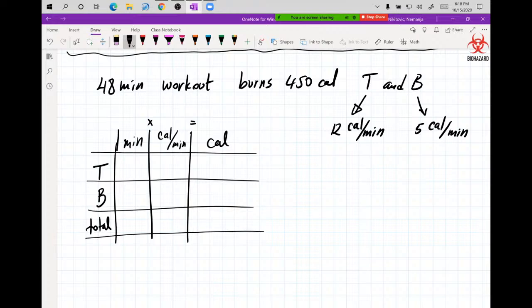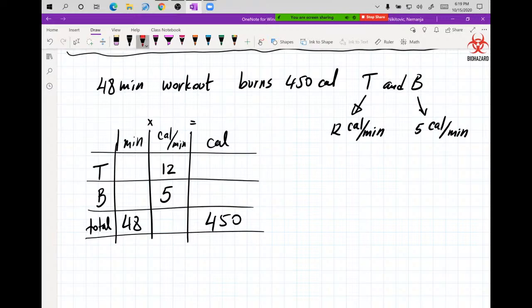And what you used to do is say the treadmill was 12 calories per minute, the bicycle is 5, total of 450 burned in 48 minutes. So as you can see, this is identical, and we can solve this problem using the methods from your chapter 2.